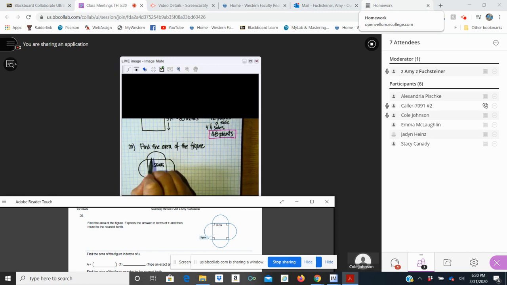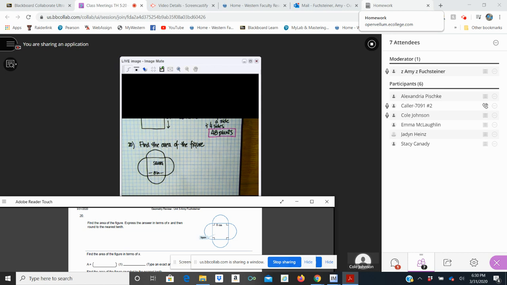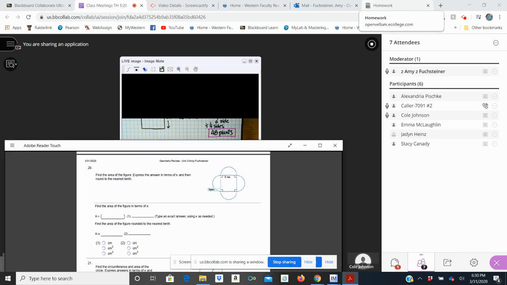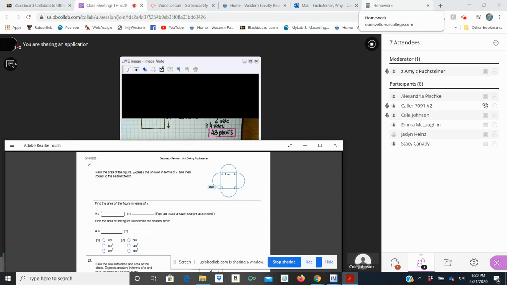They do tell you that this center part is a square with a side length of 8 inches. I believe we did one like this in the notes. But just to review it.